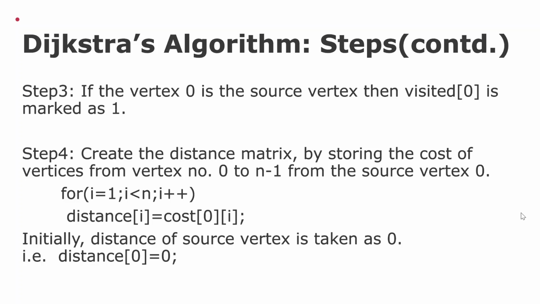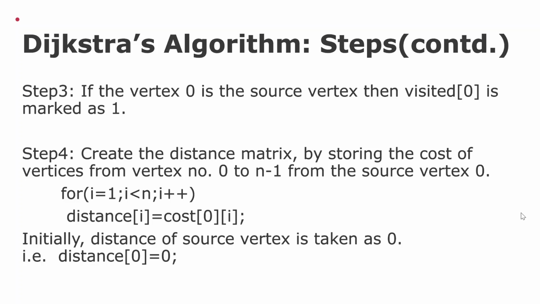Got the idea? Even what is written in the cost matrix or the adjacency matrix is not going to affect you, because you are not taking those entries into consideration. Why? Because once visited becomes 1, we are not taking that vertex into account for computing the optimum path. We are not considering it at all in the optimum path calculation, which is written also.